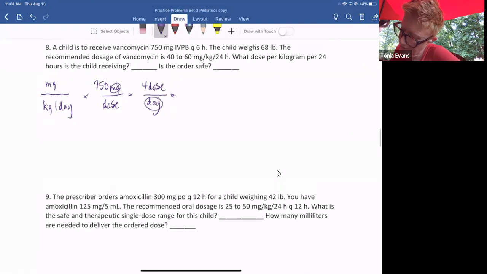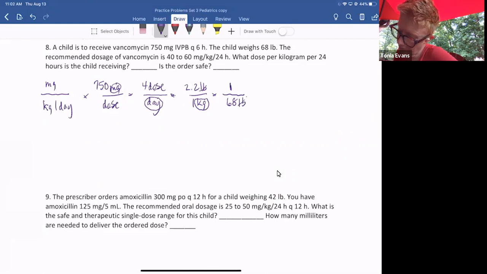My patient's weight is in pounds, so I'm going to say 2.2 pounds is 1 kilogram. So that gave me kilograms. Now I need to get rid of that pound. So this is going to be a little flip-flop here. Rather than 68 over 1, we're just going to do 1 over 68. So that gets rid of our pounds.